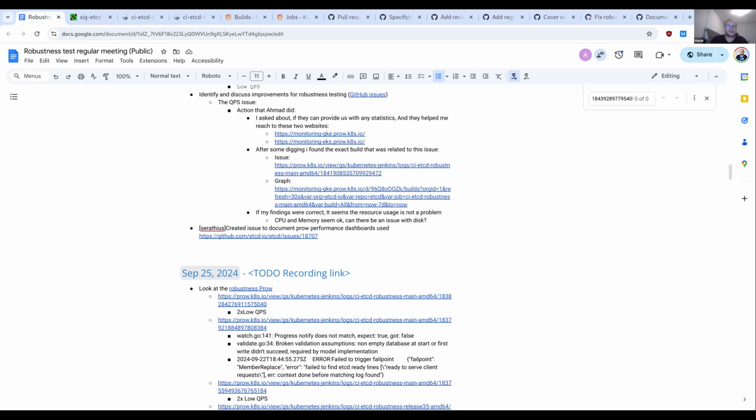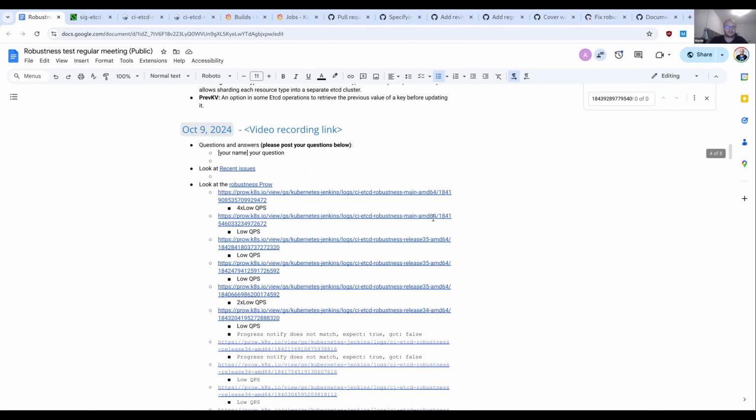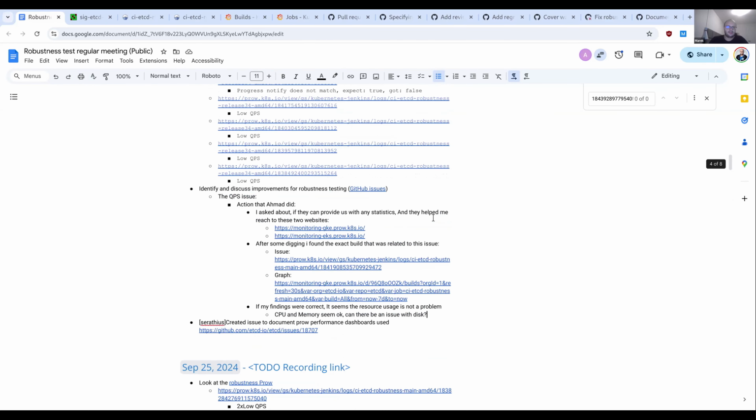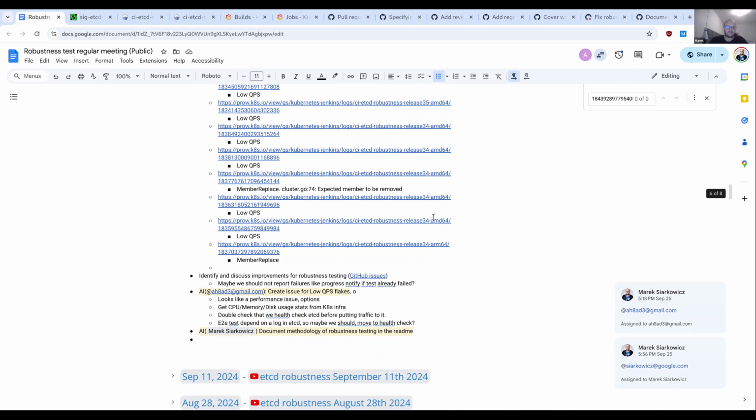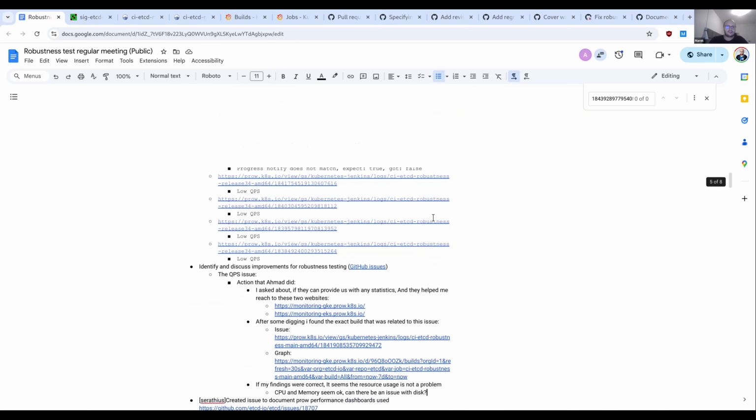This is not a zero amount of flakes. I think, for example, we had a lower number of flakes in previous cases before we introduced the defrag.